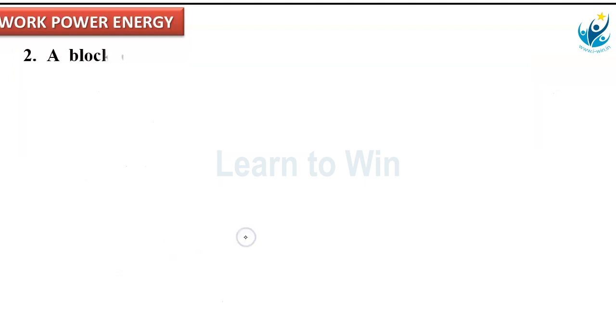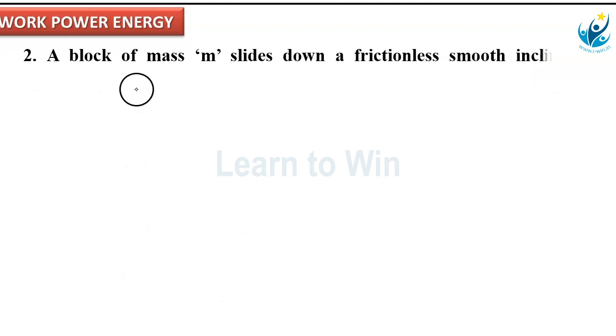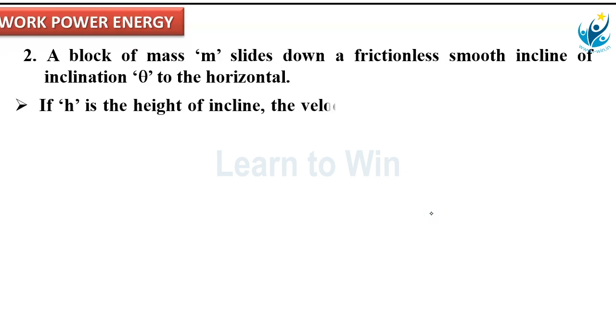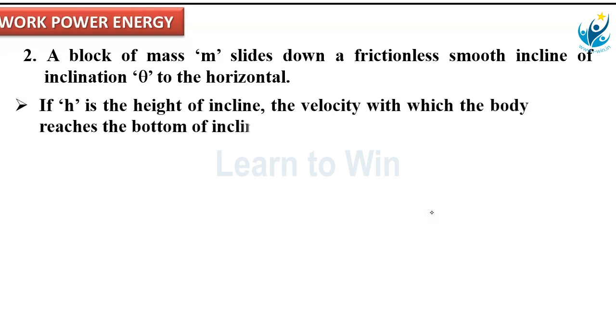Now, the next application. A block of mass m slides down a frictionless smooth inclined plane of inclination theta to the horizontal. If h is the height of the inclined plane, find the velocity with which the body reaches the bottom of the inclined plane.